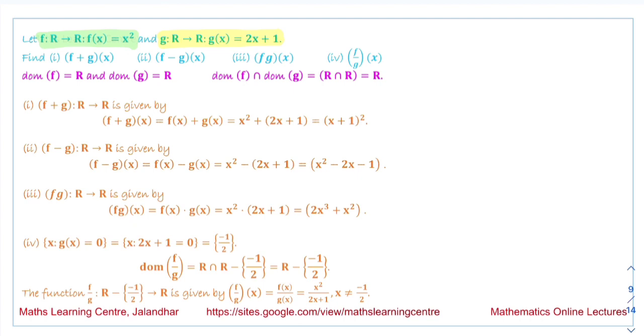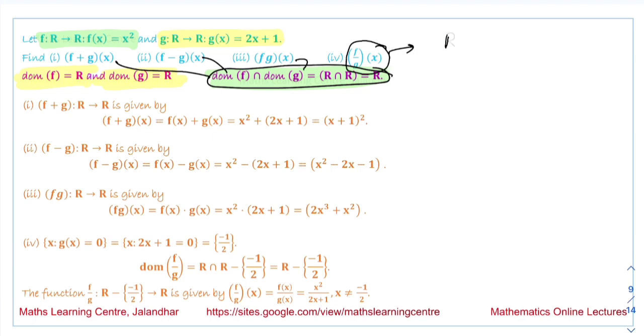So first, the domain of the function f is R, and the domain of the function g is R. So the intersection of both these domains is equal to R, and this domain R will work for the first, second and third cases. In the fourth case the domain will be R minus all those points x for which g of x is equal to 0.